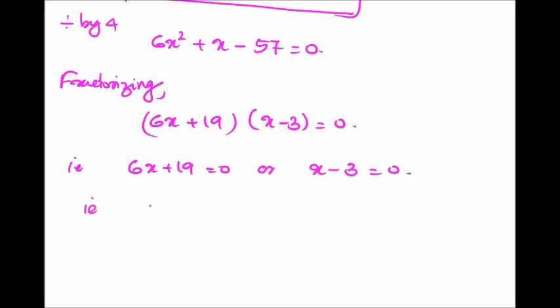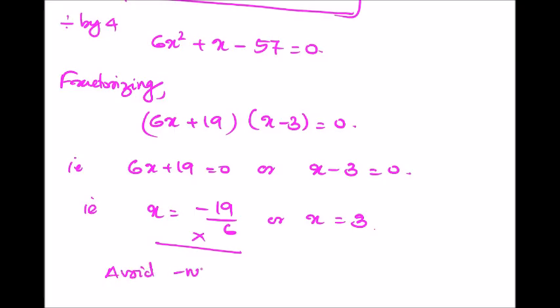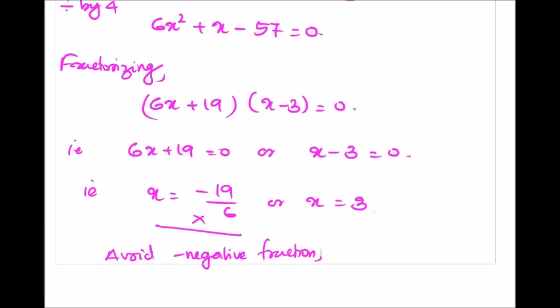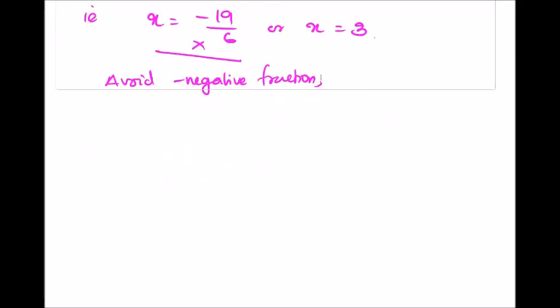That is x is equal to minus 19 by 6, or x is equal to 3. Here we cannot take negative. Avoid the negative fraction. We will get x is equal to 3.